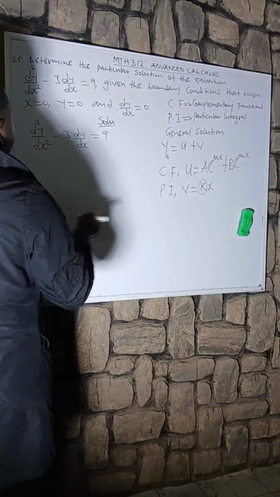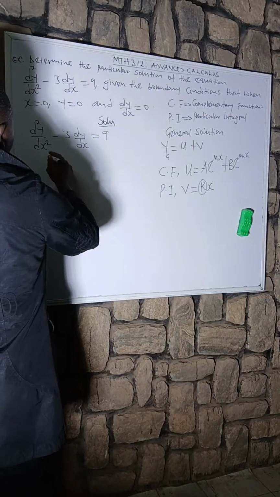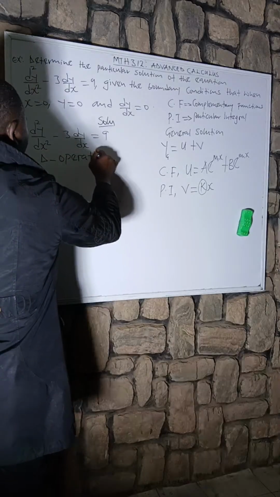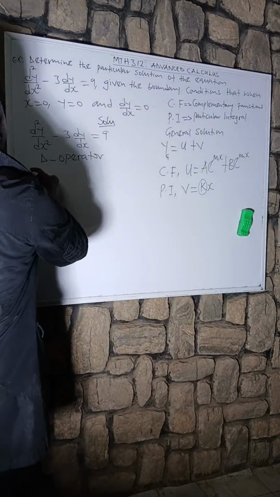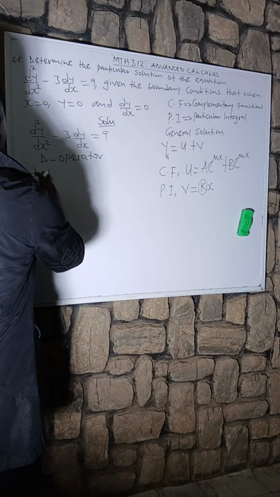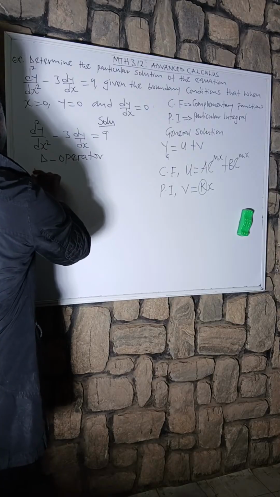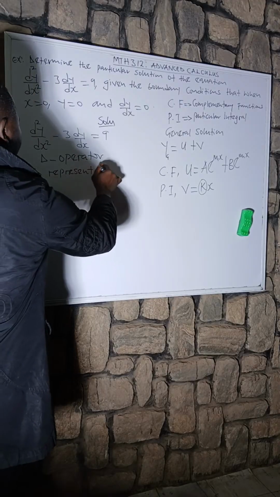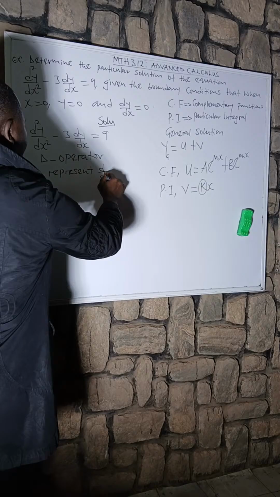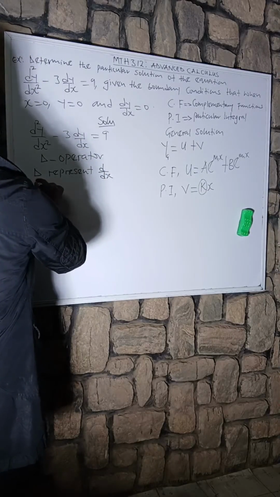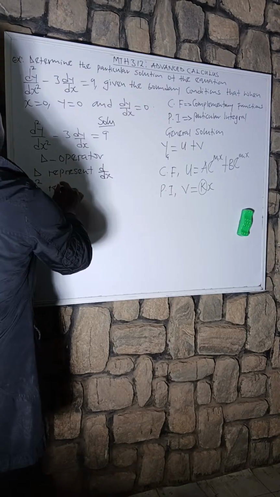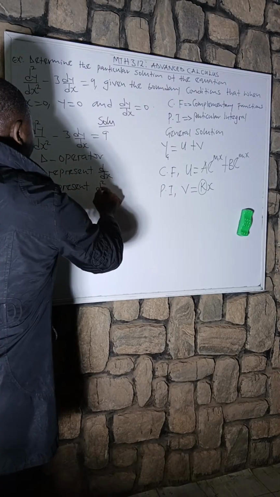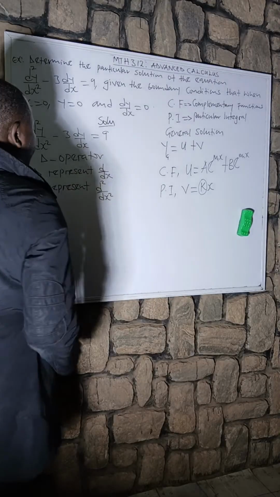Using the operators, D represents d over dx, and D squared represents d squared over dx squared.